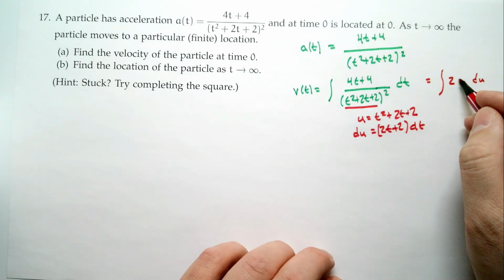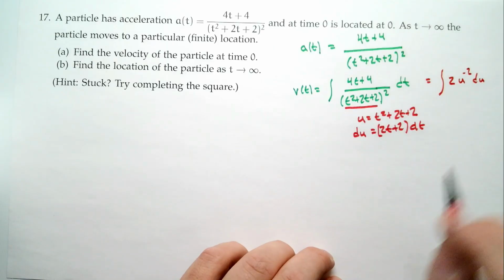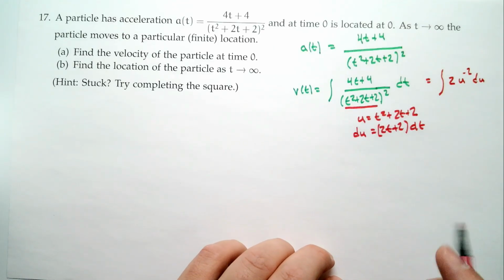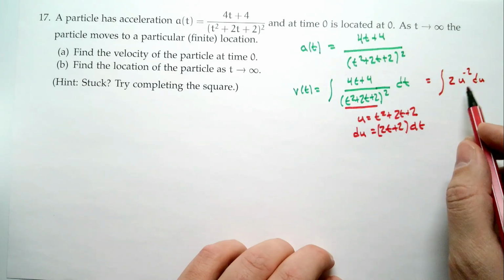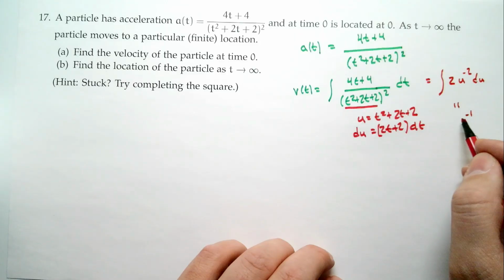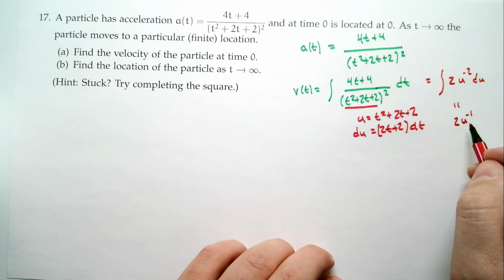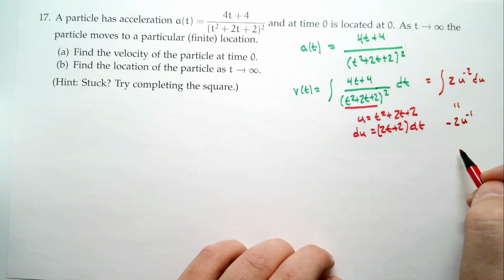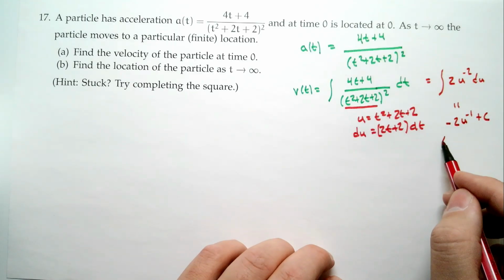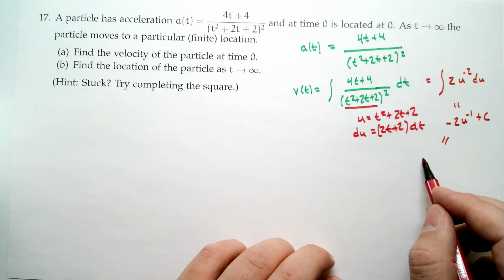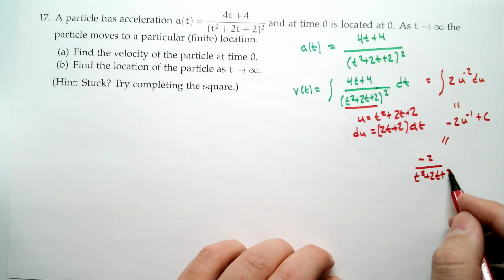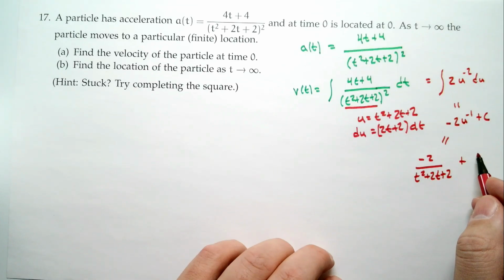In calculus language, that's u to the minus 2. Now we can integrate this. You add 1 to the exponent, so that would be u to the minus 1. We still have the 2. Then we divide by that exponent, which means put a negative in front. Then, of course, add in a c. And so this becomes minus 2 over t squared plus 2t plus 2, plus some constant c.